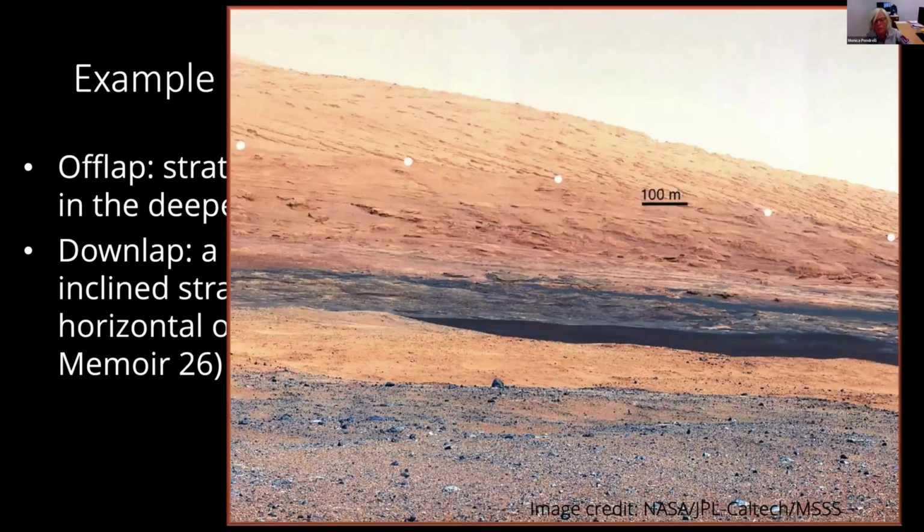For example, this is an example of downlap taken on Mars by, again, the Curiosity rover. You see this inclined strata which are prograding and the basal termination is a downlap. It means I'm moving my sediments in this direction.